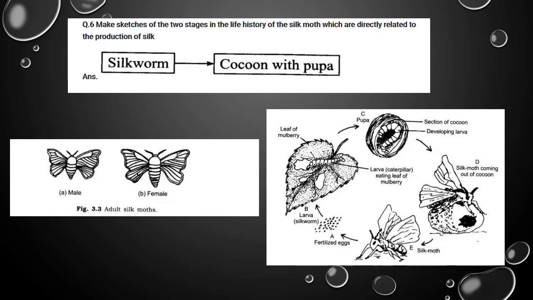So, fertilized eggs, then you have the larva, silkworm, leaf of the mulberry, and this is C, the pupa, the section of cocoon developing larva, then D, silk moth coming out of the cocoon, E, silk moth. So this is the life history of silk moth.